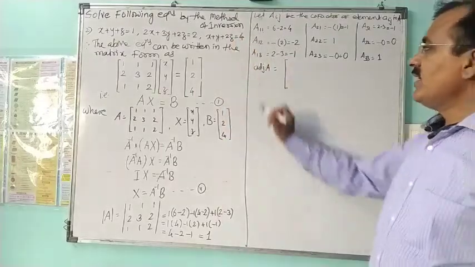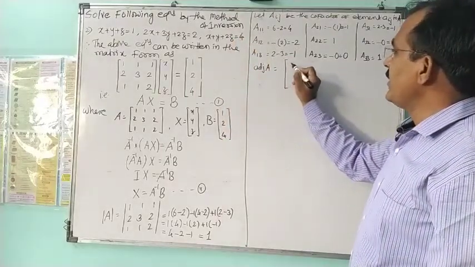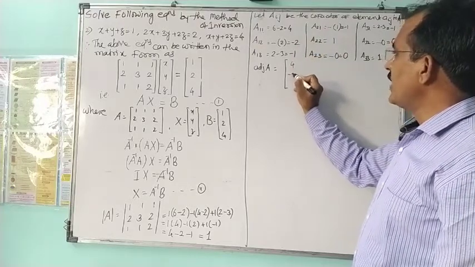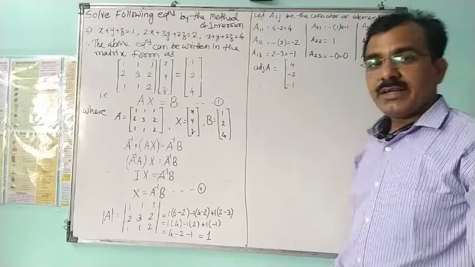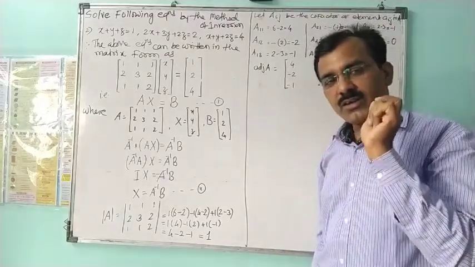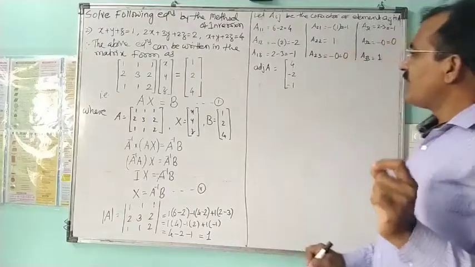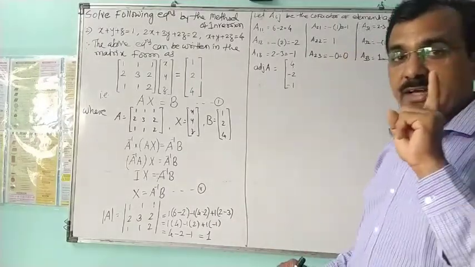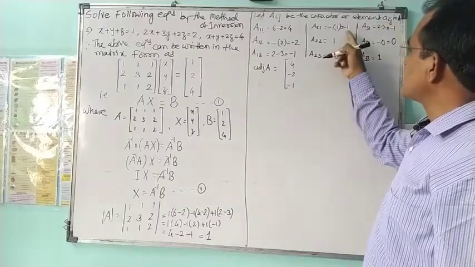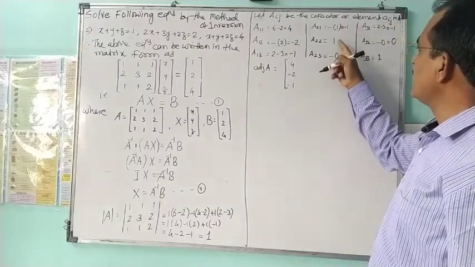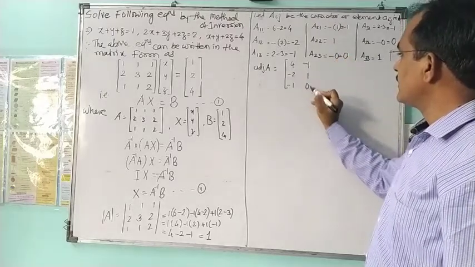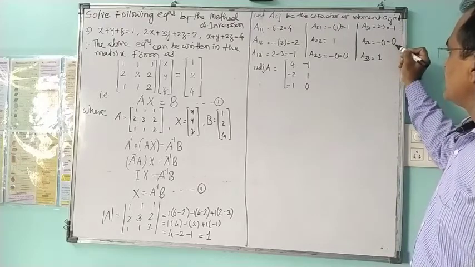That will be the adjoint of A. The next column is minus 1, 1, 0, and then minus 1, 0, 1.